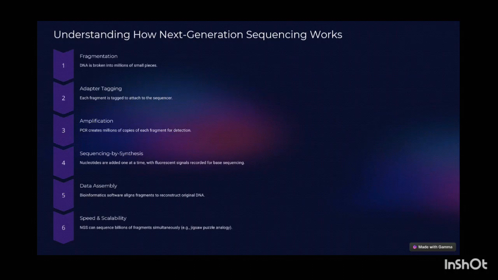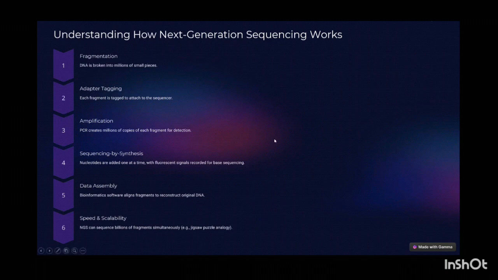So the machine records the signal from each nucleotide, allowing the computer to determine the sequence of the bases in each fragment. Now imagine a large crowd of people holding a piece of a giant puzzle.